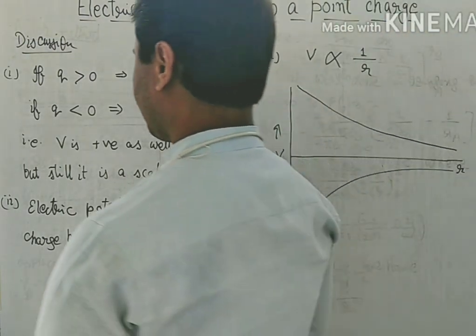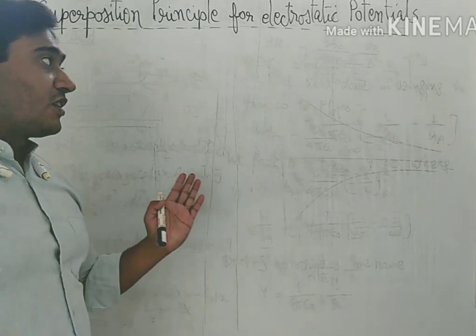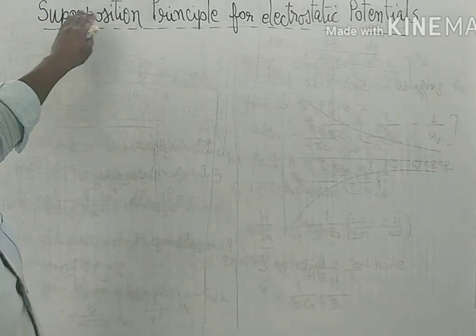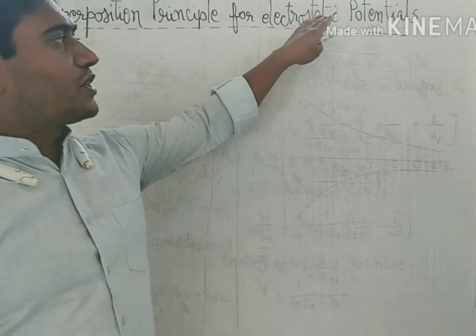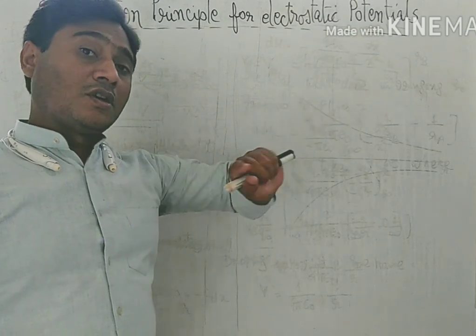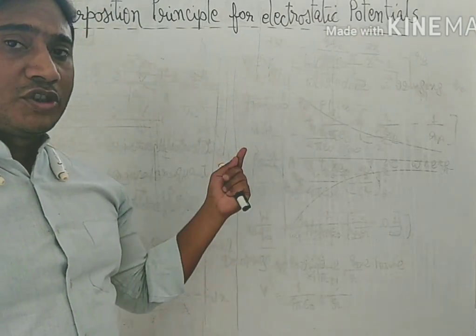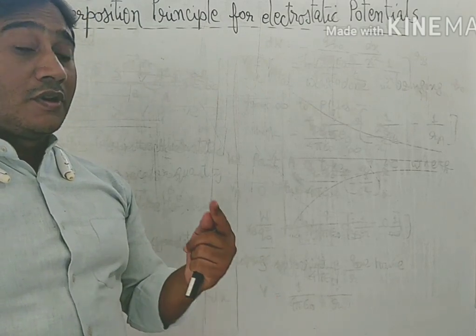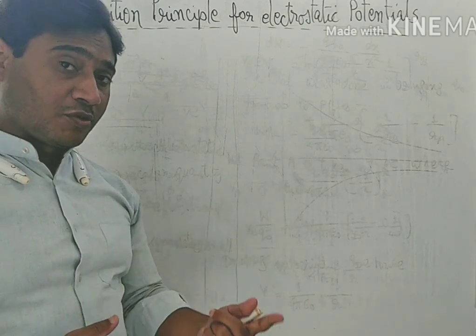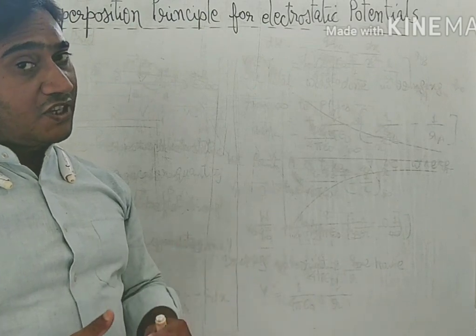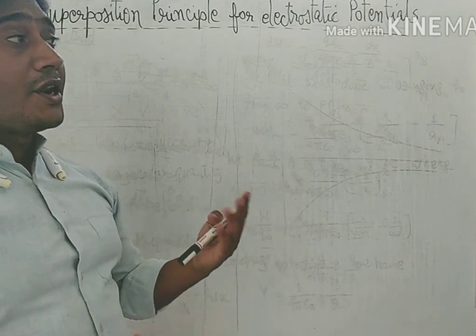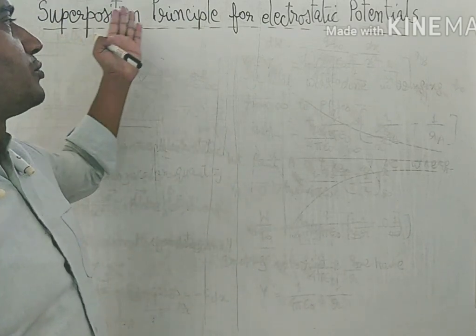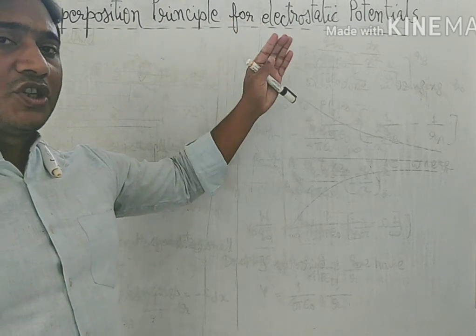So let's move on. Okay students, so let's have the next topic, superposition principle for electrostatic potentials. As we had superposition principle for Coulomb's electrostatic force, later on superposition principle for electric field intensity, now it's turn to have superposition principle for electrostatic potential.